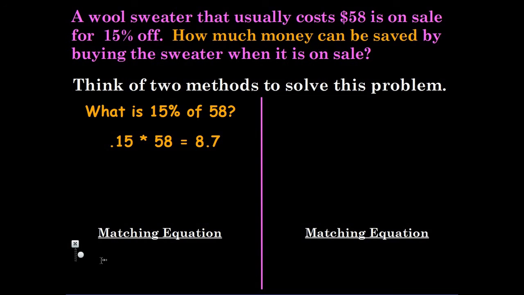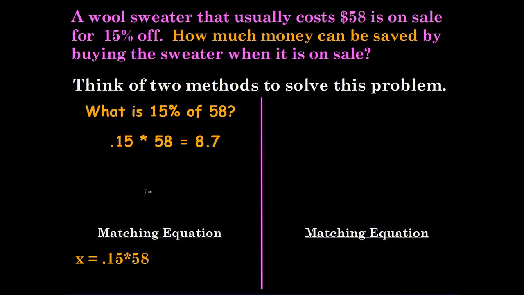Hold on. What is 15% of x? So x equals, that's my is, 15% times 58. So this would be my equation at the moment, and luckily it's set up nice and neat with x all on its own on one side. And that would tell us how much money can be saved.